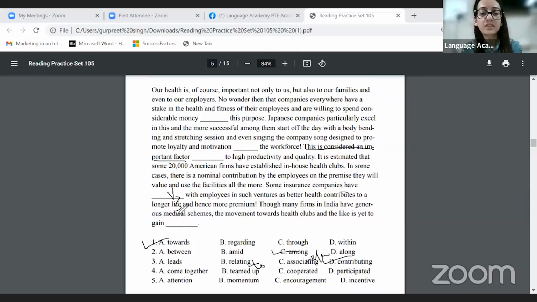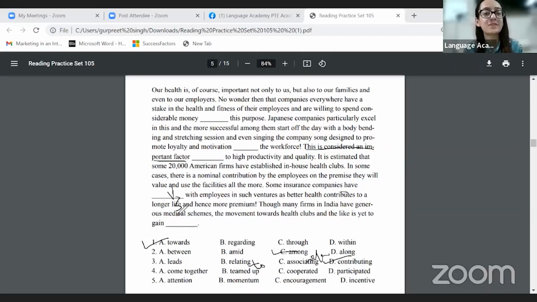Companies have come together with employees can be right if we don't have a better option. Companies have teamed up is better, because come together also means Mr. A and Mr. B came together. Physically actually entering a party together is also come together. But teamed up definitely means working together. So what is the better option?